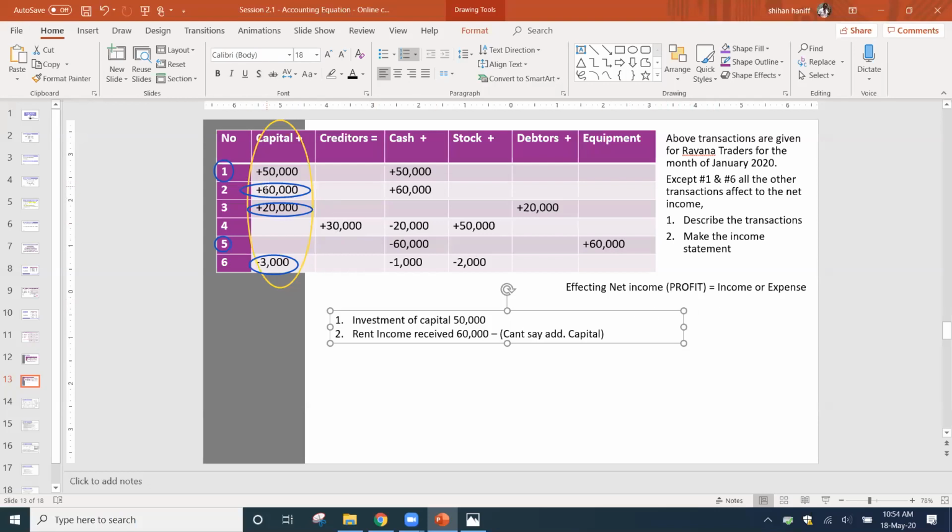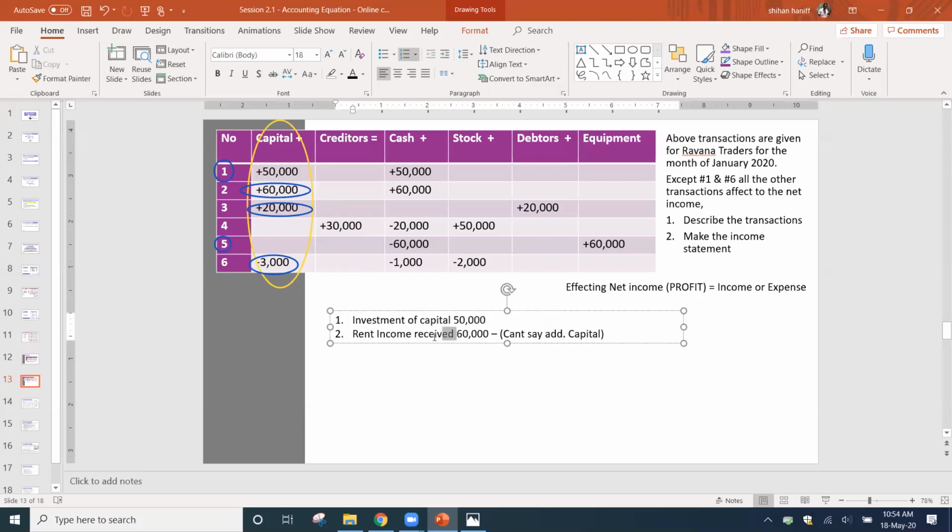So transactions number 2 and 3, both are income. So either it can be rent income or cash sales. You can have it as cash sales as well.